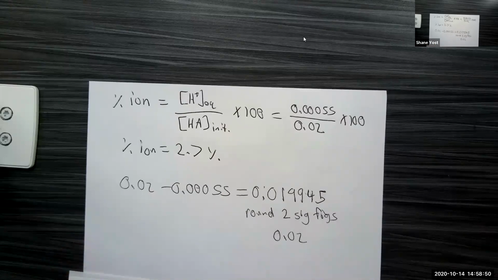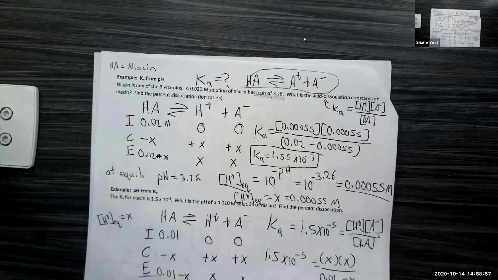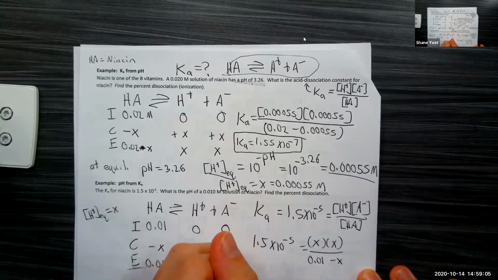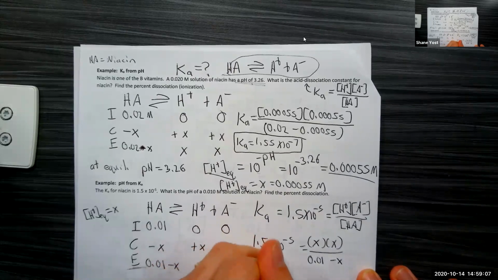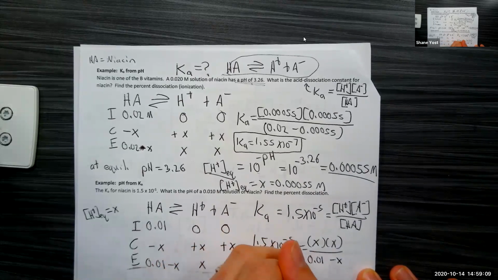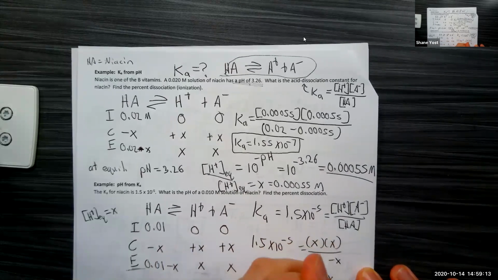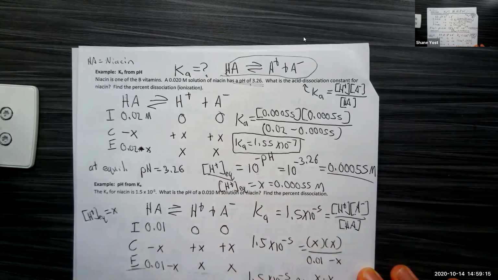The initial concentration of a weak acid changes very minimally when it dissociates, for a lot of these weak acids. And so what I'm going to do here is approximate this as 1.5 times 10 to the minus 5 is roughly equal to X times X over 0.01.